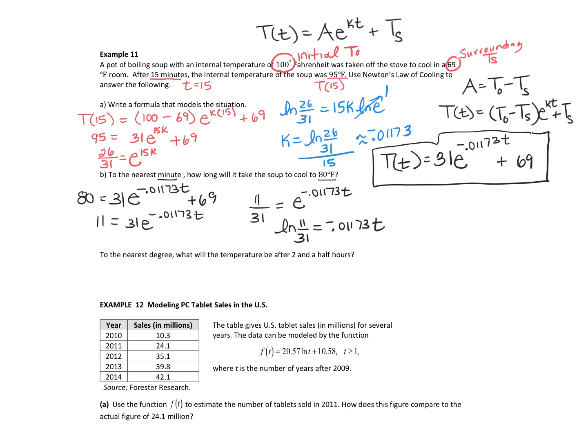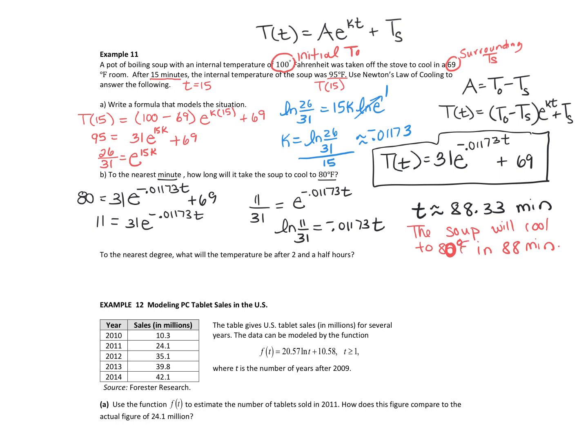And then we divide, and we get t is approximately 88.33 minutes, or to the nearest minute, the soup will cool to 80 degrees in 88 minutes.